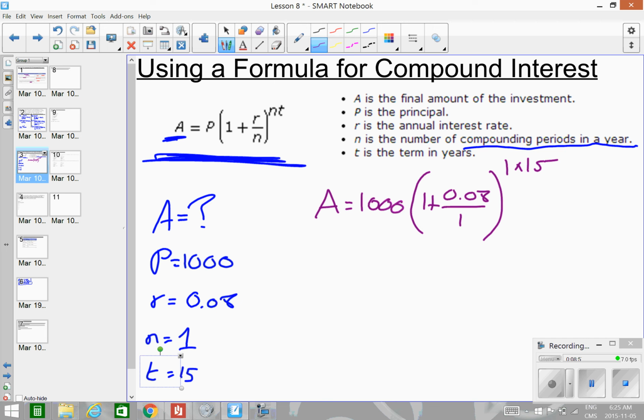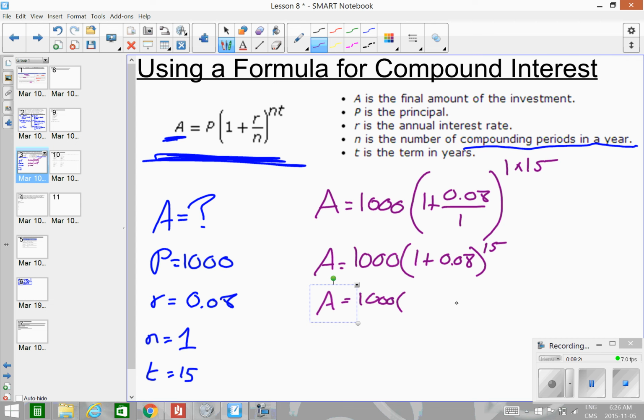Now, because we're only compounding yearly, this makes this one really nice. 1,000 times 0.08 divided by 1. Well, anything divided by 1 is just itself. 1 times 15, that's just 15. Okie dokie. I'm going to do one more step before I go to my calculator. You could go straight to your calculator right now, if you're good with brackets. But I often screw up when I use brackets. 1 plus 0.08, 1.08 to the power of 15.